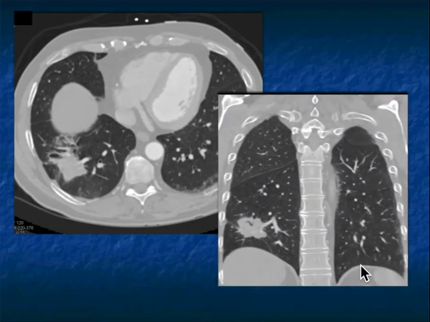Now, I remember way back when CTA of the coronaries came along, the cardiologists argued that we had no right to demand looking at the lung because it was a coronary study. Because they wanted to do the coronaries, but they didn't know how to look at the lungs. We also remember that one of the manufacturers, Philips, actually built a scanner that blackened the lungs. So if you wanted to see it, you couldn't.